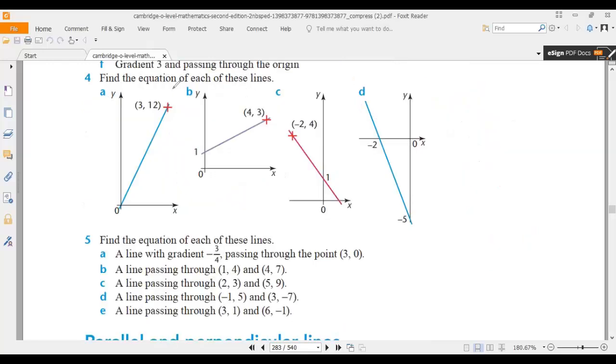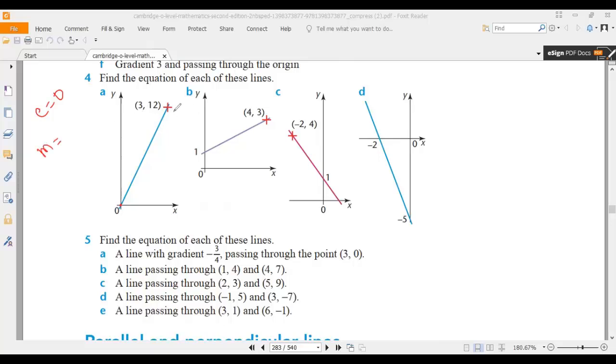Now, question number 4. Find the equation of this straight line. To find the equation of this straight line, we need to find out the gradient and y-intercept. We can easily see that the y-intercept is 0 right now because on the y-axis, it cuts through the origin. So here for A, c equal to 0. Okay. And what will be the gradient?